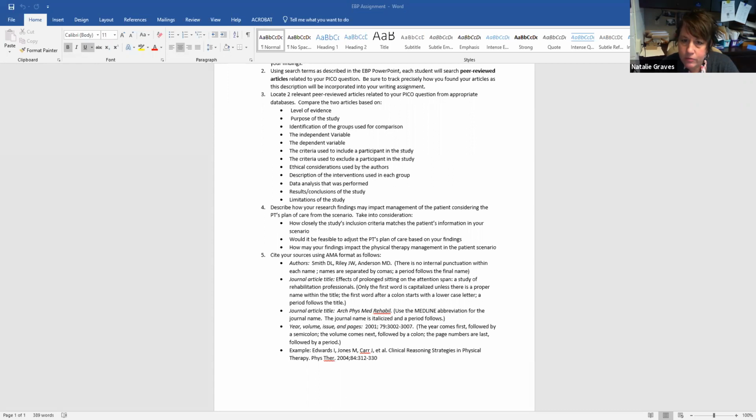And then here is the rubric. I feel like it's pretty straightforward. I'm going to be looking at the description of your search terms. It's going to be a 6, 4, 2, or 0. I'm going to be looking at your literature reviews, so make sure that you're hitting all of these items.